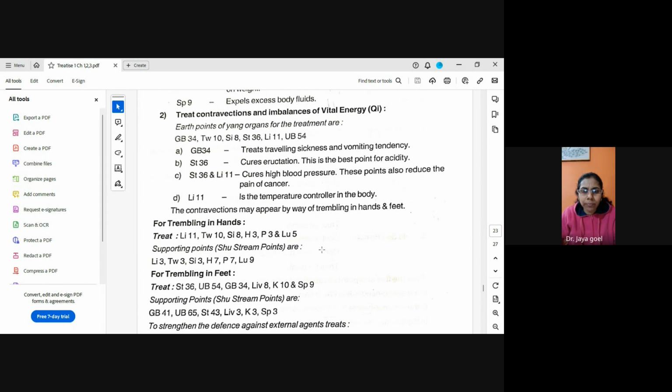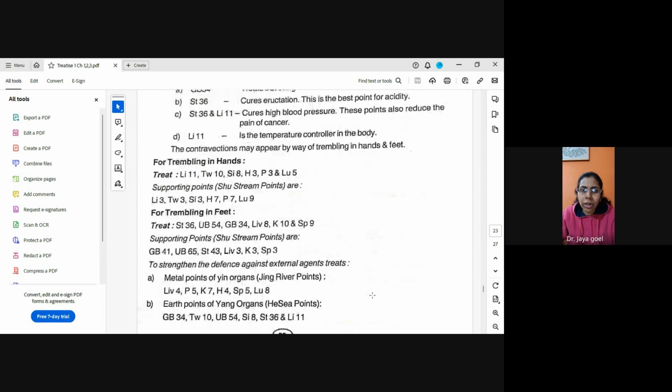We treat trembling hands with LI11, TW10, SI8, H3, P3, LU5, and the supporting points, which make the treatment more effective, the Shu Stream points: LI3, TW3, SI3, H7, P7, LU9.